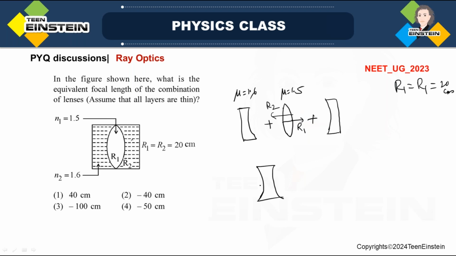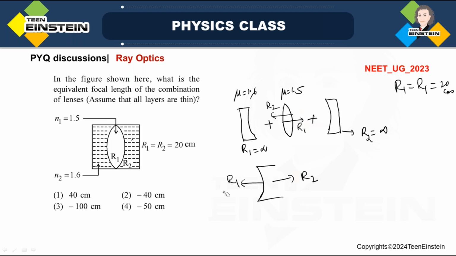In case of concave, it is actually just opposite. This we take as R1 and this we take as R2. Okay. Now for this lens, you look, this R1 is infinite, and for this lens R2 is infinite. Okay, and rest of the things are as it is.